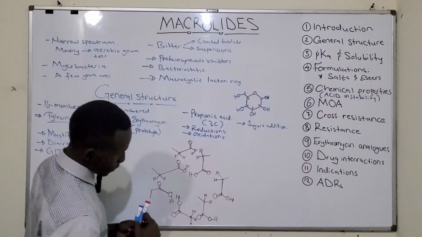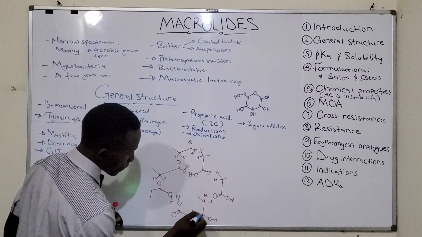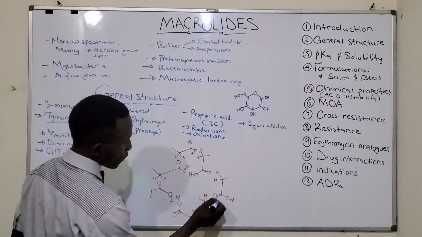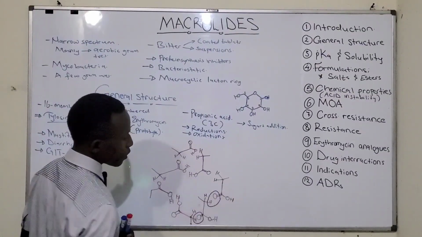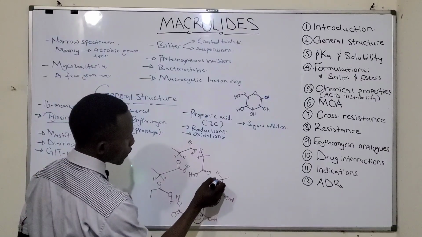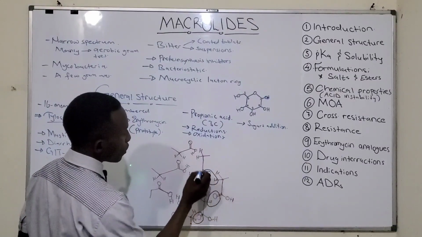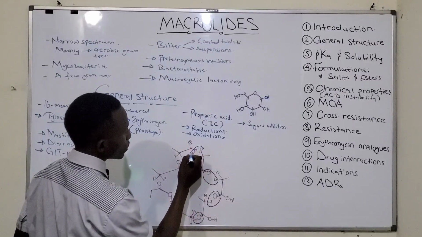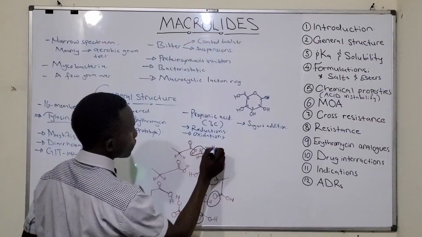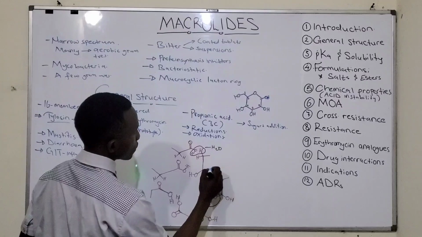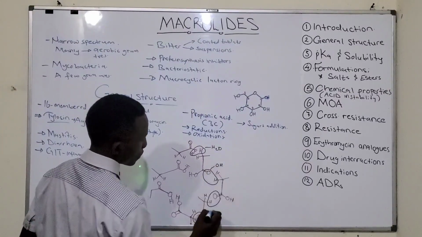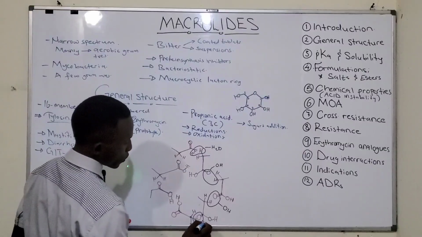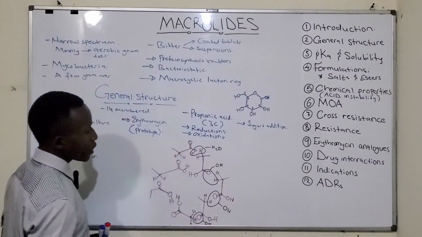What's done here? There is loss of the OH group. Even here there is loss of OH. Even here there is loss of OH group. Here there is loss of water. Also here there is loss of OH group.